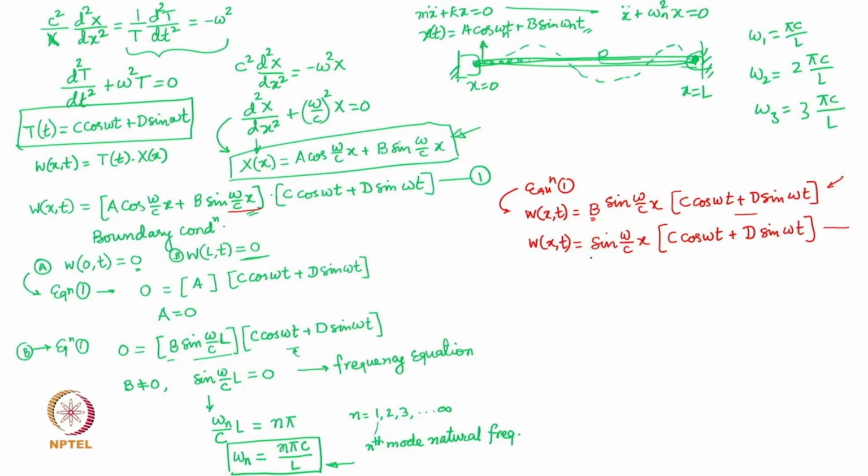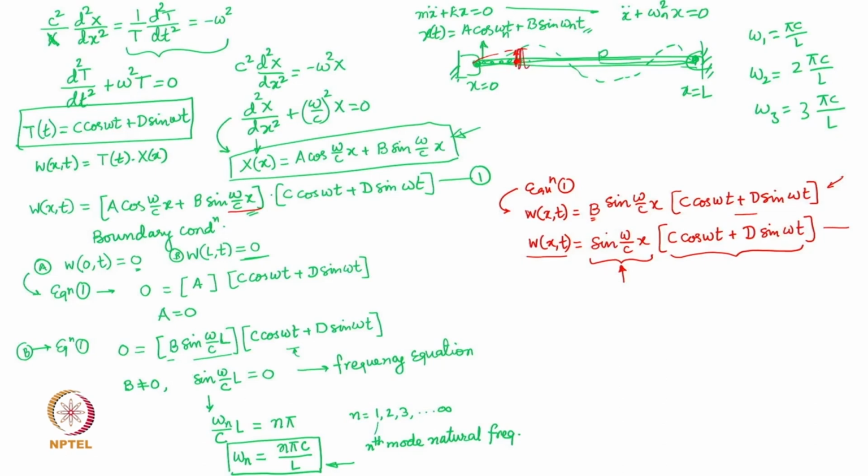Now you can look at this function, which is completely a function of the spatial variable x, and this is completely a function of the variable time, t. So you can view this as a mode shape. The vibration is going to follow this mode shape, and so it basically means that the response at any point is a function of the position x, and as a function of time it is going to be harmonically changing.